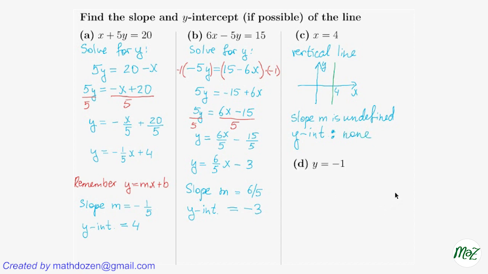So y equals negative 1 is another special equation. So what is special about this? It doesn't have x. As soon as we see an equation without x in it, that means it's a horizontal line.